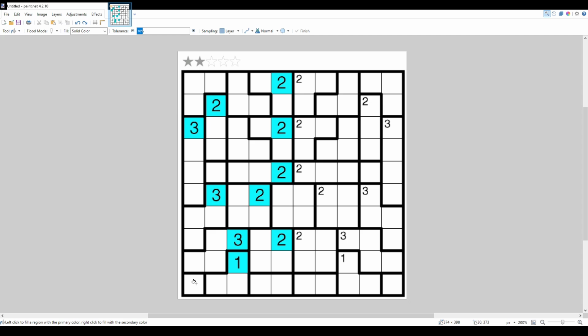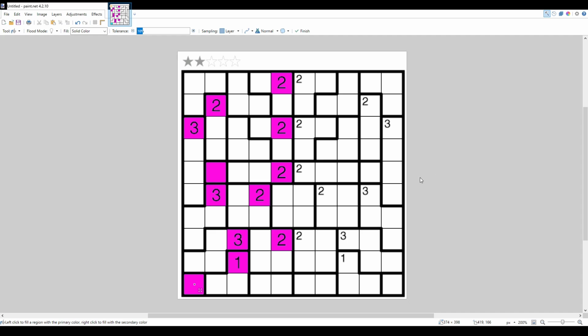So first thing that I see is I've got a couple of 1 square cells, and I know that no regions can be empty. So I'm going to color this one, and we will throw some number 1s in there. That's not going to work, is it? I should have tested that beforehand. Okay, so let's back that up, and we will reverse the color, which is maybe what I should have done in the first place.